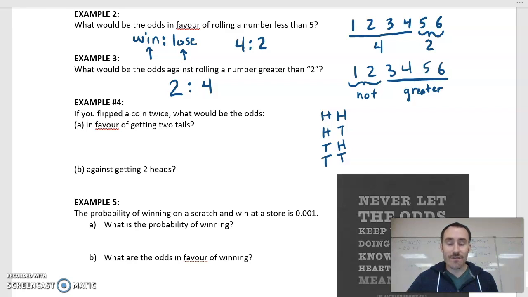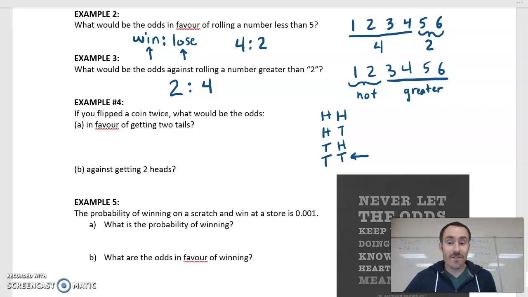What are the odds in favor of getting 2 tails? We're going to look for all the ways that we can get 2 tails. In our case, because we only flipped 2 coins, that's the only one. There's one outcome where we're getting 2 tails. All the other outcomes are not 2 tails.